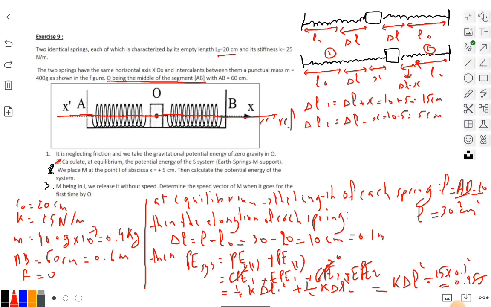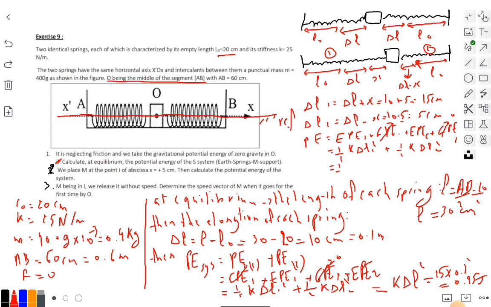Then the potential energy is equal to EPE1 plus GPE1 plus EPE2 plus GPE2. GPE in both is equal to 0. So it equals half K delta L1 squared plus half K delta L2 squared.